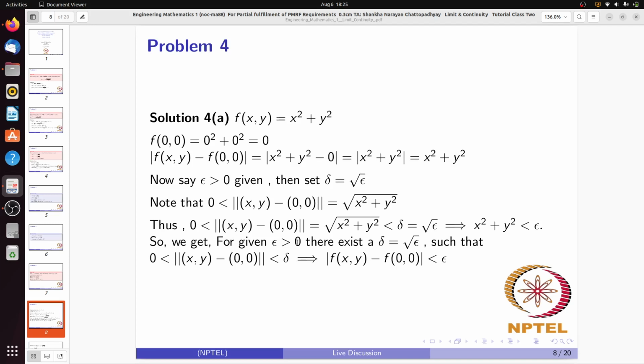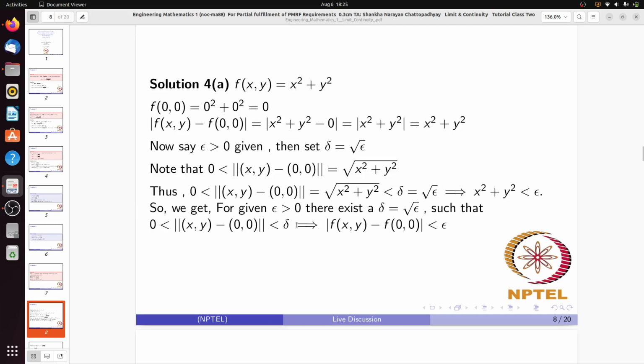Since delta is the square root of epsilon, this implies x square plus y square is less than epsilon. So we get, for given epsilon greater than 0, there exists a delta equal to the square root of epsilon, such that 0 less than the norm of (x, y) minus (0, 0) less than delta implies the modulus of f(x, y) minus f(0, 0) is less than epsilon.